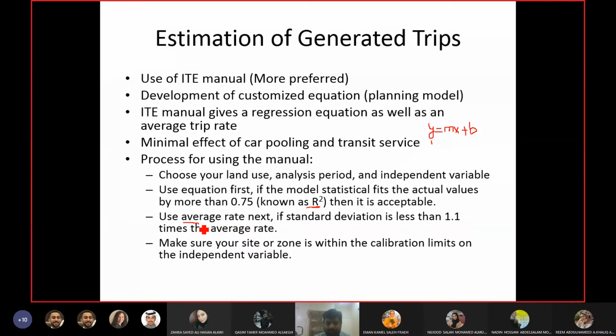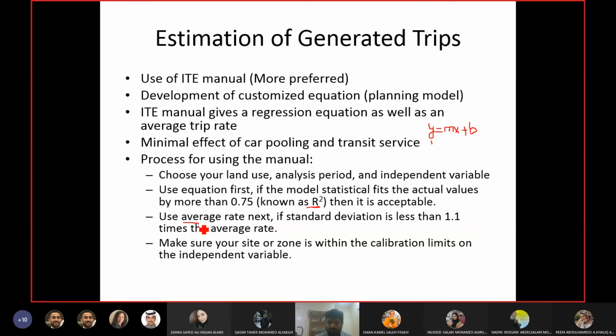Okay, so if the trip rate is, let's say, 3, then 3 multiplied by 1.1 will give you 3.3. So the standard deviation for this land use should be less than 3.3. If it is not less than 3.3, then you cannot use the average trip rate as well.